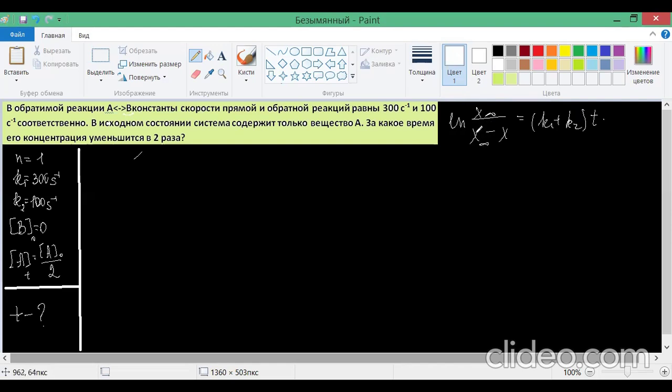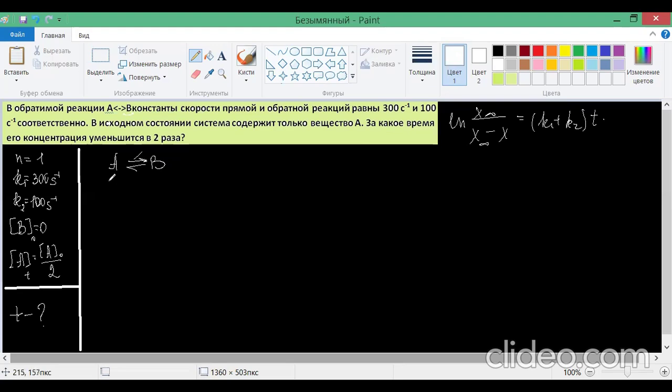What does x of infinity mean? This is the drop in concentration of the reagent A when the system is at equilibrium.